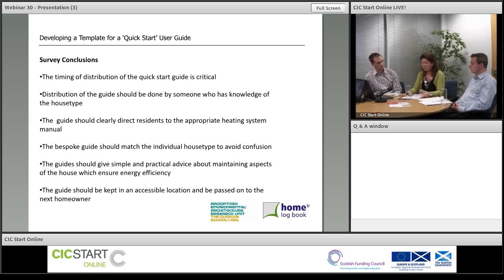And I guess another test of this pilot study would be to see whether the homeowner, over the course of a year, has actually used their home more efficiently than somebody who hasn't received the guide. I think that's an interesting dimension as well. Of course, a lot of it is down to user habit and consumer behaviour.